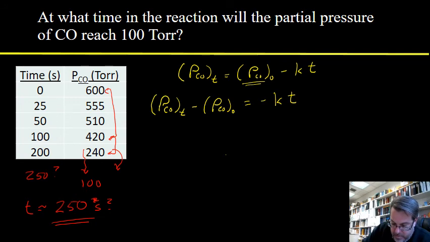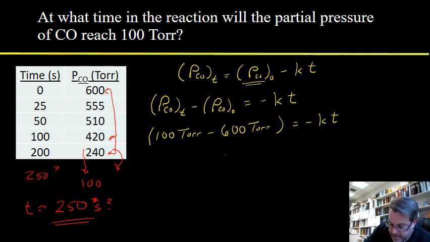And our target concentration is 100 torr. So 100 torr minus initial concentration 600 torr is equal to negative kt.